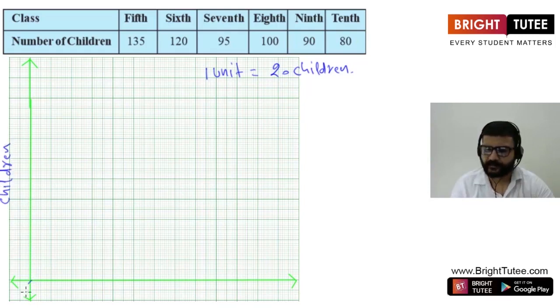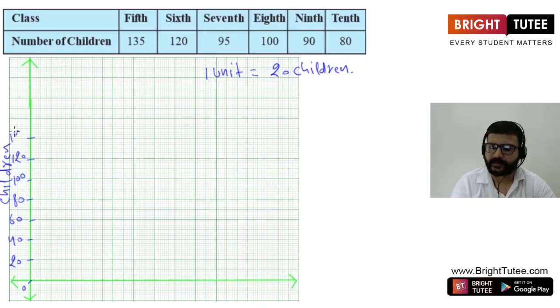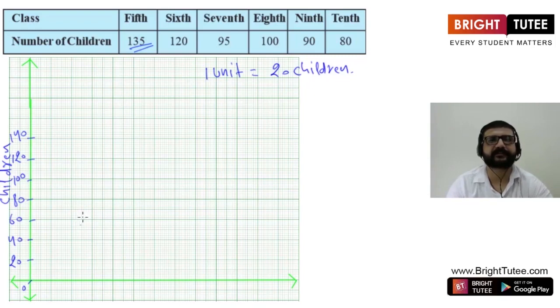This point is 0, and then this one will be 20, 40, 60, 80, 100, 120, 140. So till 140 it is enough, because the highest number here is 135, which we have to represent here on the graph.